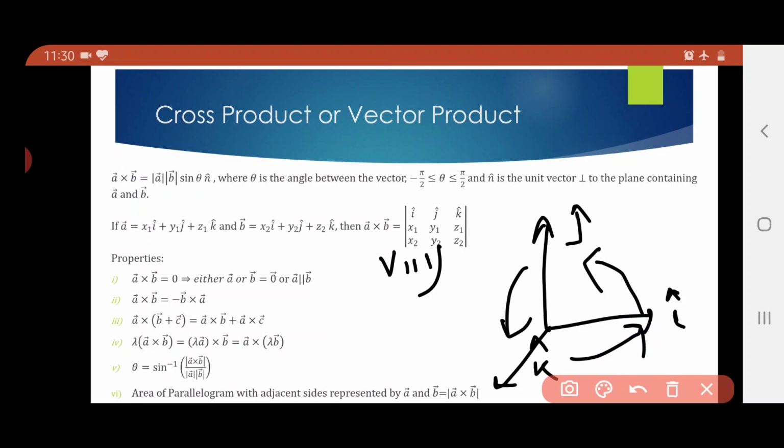So this is how we find the cross product of the unit vectors i, j, k. We call this the triad, or your right hand thumb rule, if you remember. So this is how it works.